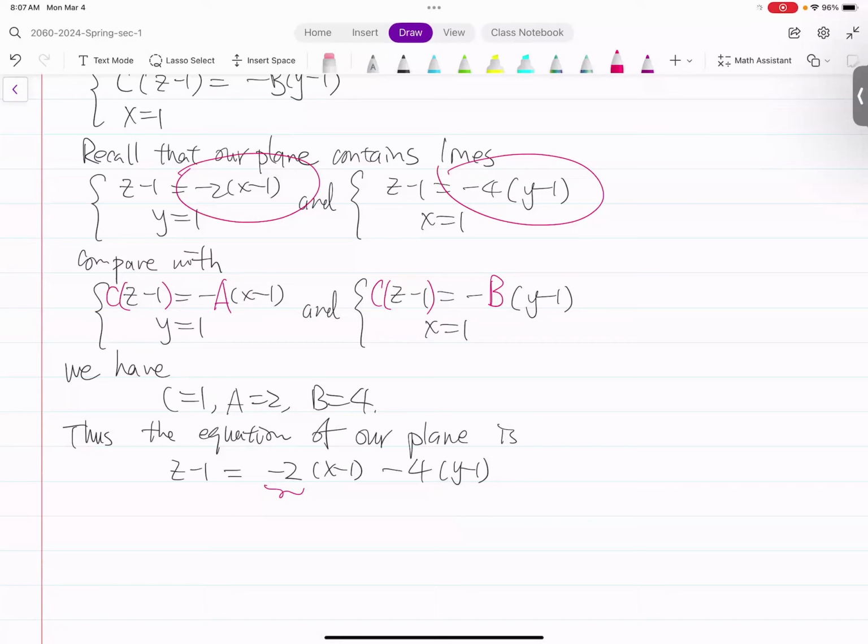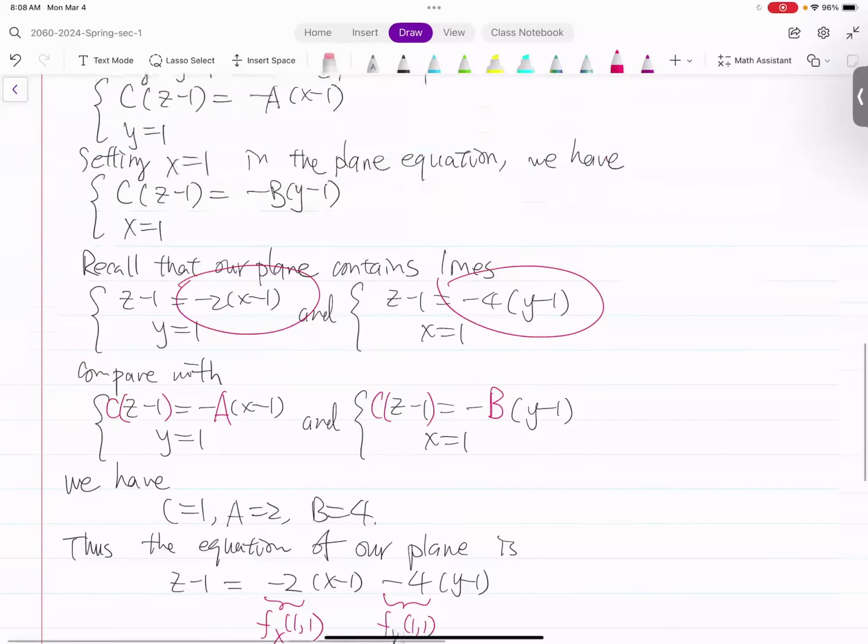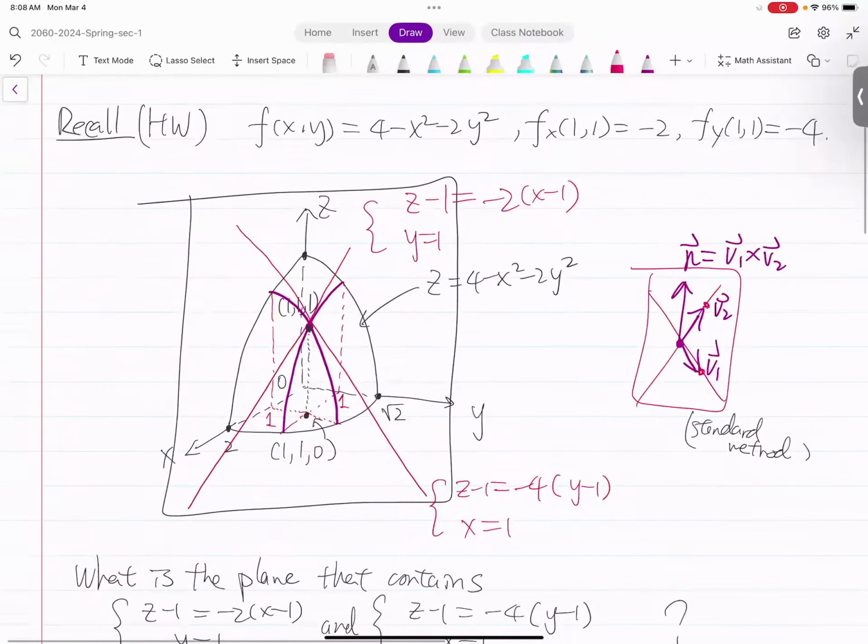So now we recall that negative 2 there is the partial derivative with respect to x at the point, right? You also recall that negative 4 there is f sub y at the point (1, 1). So these expressions are linear approximations of the function intersected with the plane, right? Let's quickly look at the figures. If you think about those intersection curves, those are the purple curves.